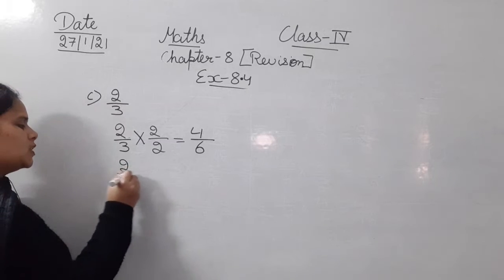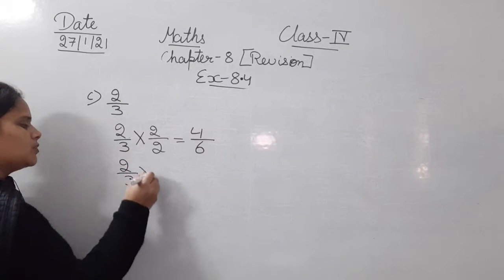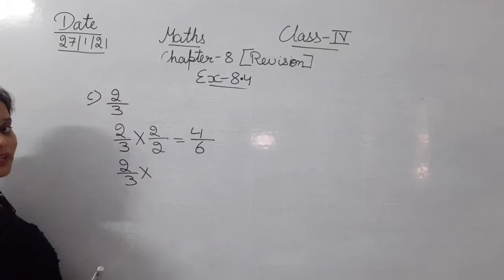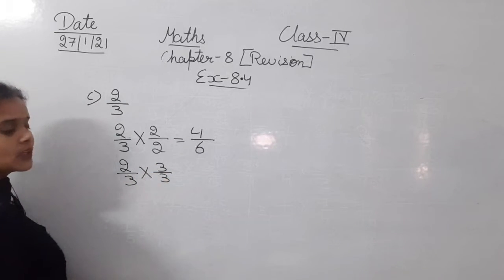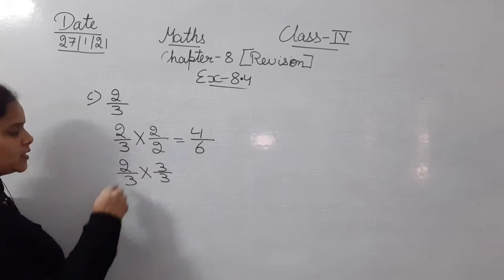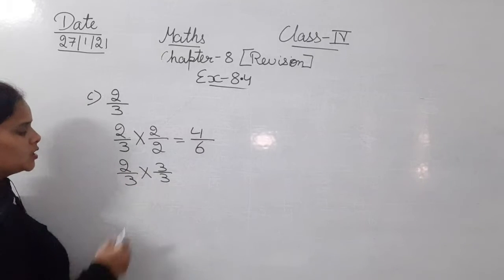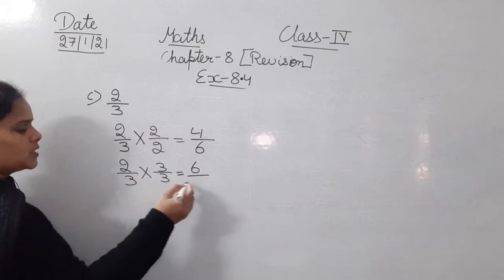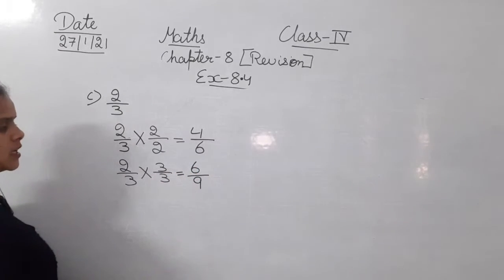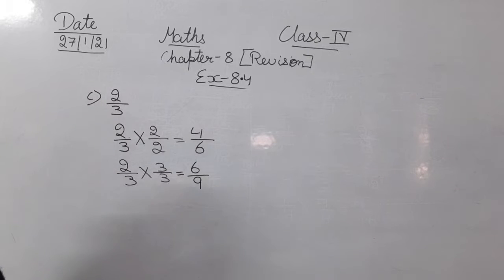Let's find out the second equivalent fraction to 2 upon 3. Now we will multiply 2 upon 3 with 3. 2 3s are 6, 3 3s are 9. So the second equivalent fraction is 6 upon 9.